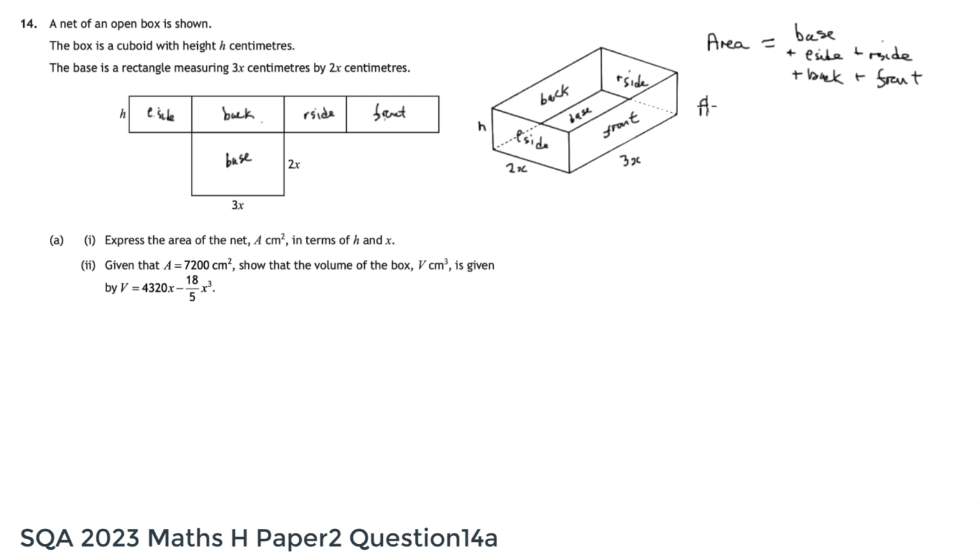So they're using the letter A for that area. So the base, first of all, 2x times 3x, that's 6x squared. Left side and right side. Now the left side, 2x times h, 2xh, identical, another 2xh at the other side, so that'll be 4xh.